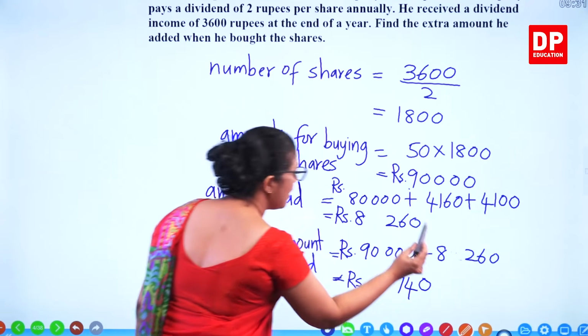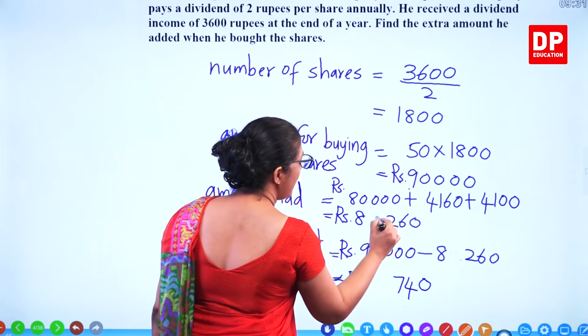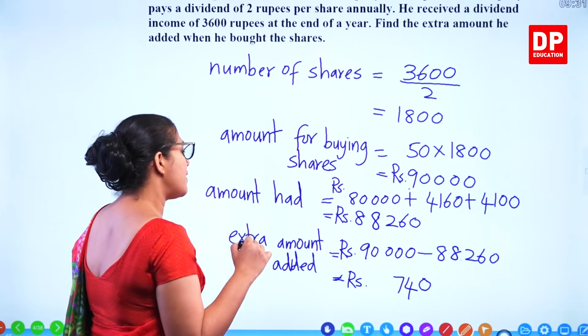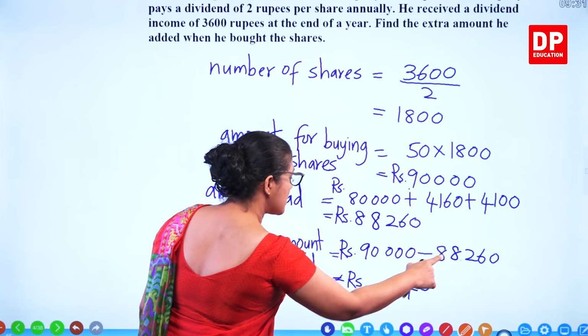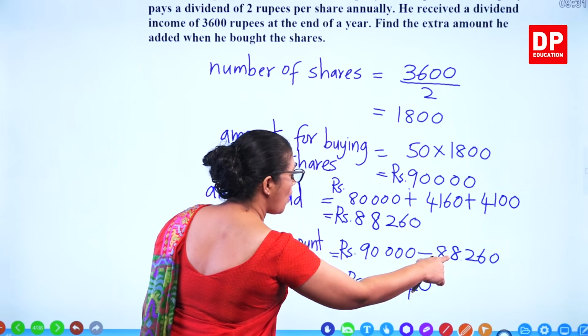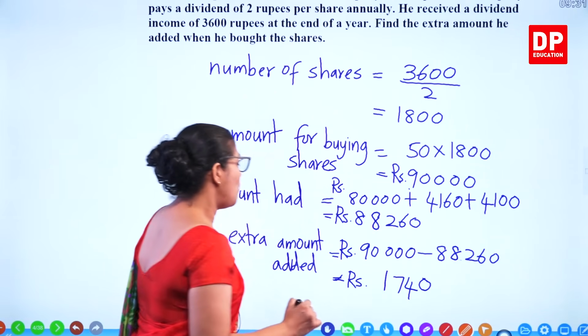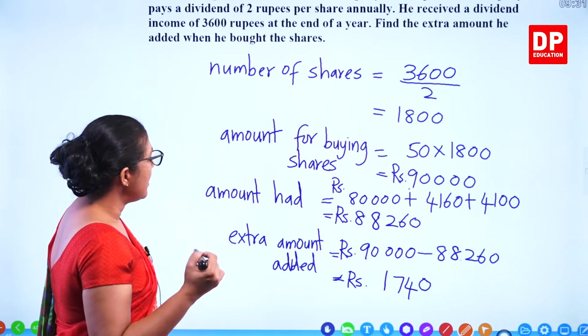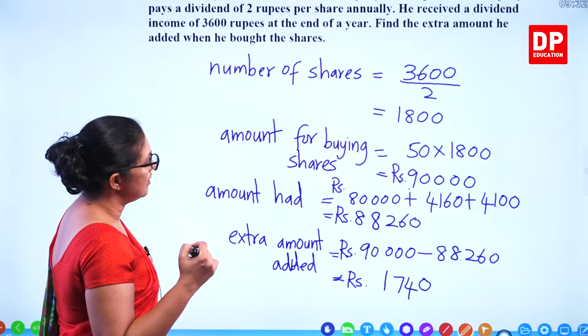So here 4 and 4, 8, so 88,260. So what is the value here? 90,000 minus 88,260, so 1,740 is the extra amount added.